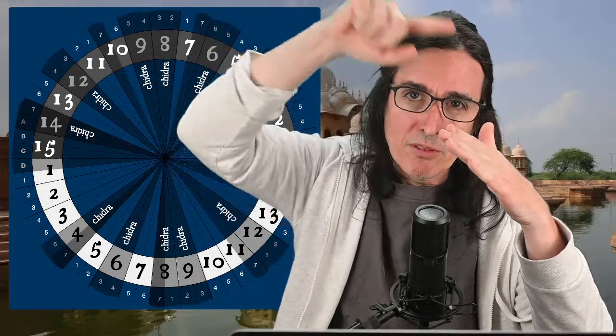Starting from Leo, you go through Virgo 10, Libra 10, Scorpio 10, Sagittarius 10, Capricorn 10, Aquarius 10, Pisces 10, Aries 10, Taurus 10, Gemini 10. So we go through 10 zodiac signs, which means 300 degrees, 10 times 30. So in that chart, there's 300 degrees from the sun to the moon. Not from the moon to the sun, from the sun to the moon.